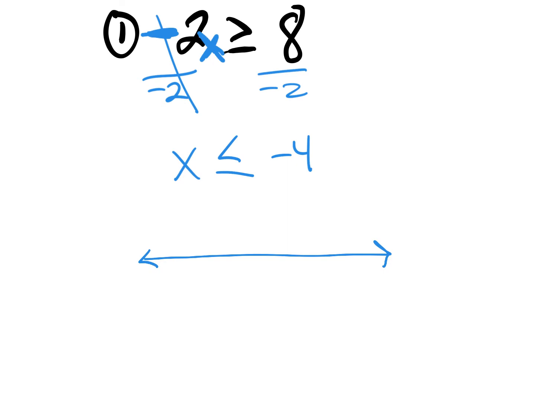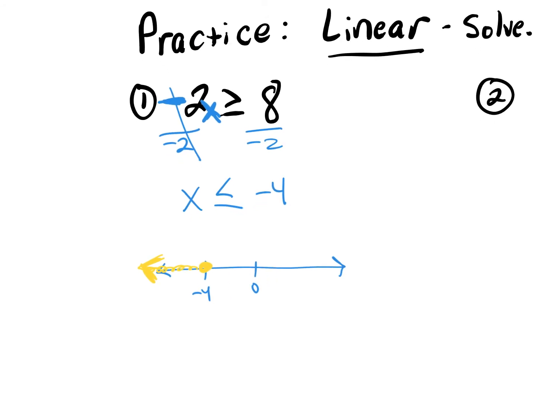Okay, x is less than or equal to negative 4. So 0 on here, and negative 4 is going to be to the left of 0. Now, which way am I going to color, and what kind of a dot do I have at negative 4? Closed dot. I'm going to color to the left. Check 0. The way that I shaded, should 0 work?